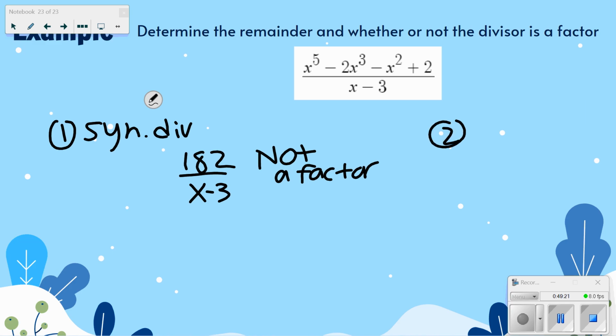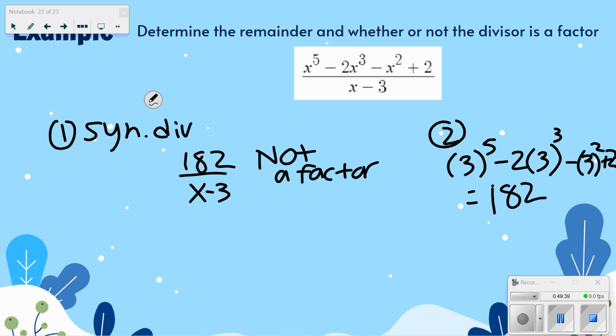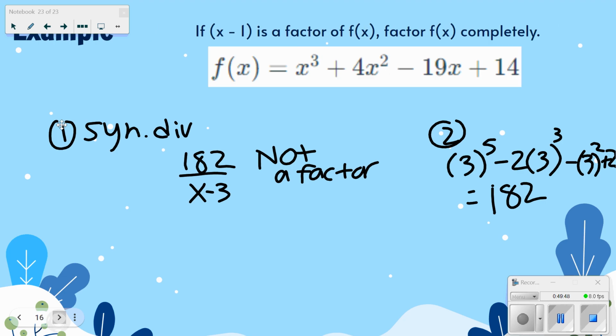Option 2 would be using your remainder theorem, which would mean you just do 3 to the 5th minus 2 times 3 cubed minus 3 squared plus 2. And then if you did that, you should have also found that equals what value? 182. Good job. Both ways you find your remainder to be 182. So therefore it's not a factor.